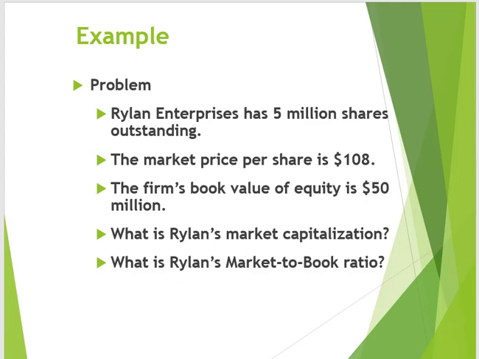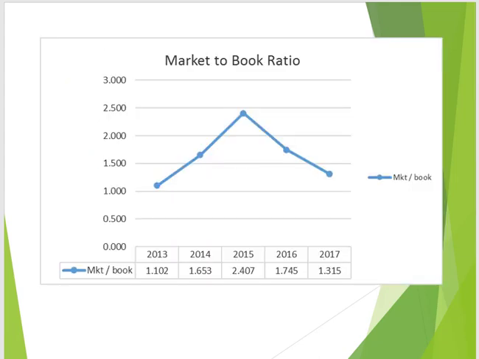If we look at the company that we've been following in this ratio analysis, we find that it has a peak in 2015, and since then it has been declining. And the market price relative to the book value has been going down. So again, if you think about it, which is going down? If the market price is staying the same, but assets are increasing, then you would expect it to go down. If the market price is going down and the book value is staying the same, again, you would think that it's going down.